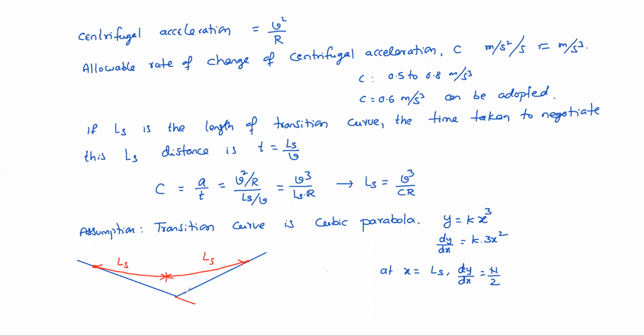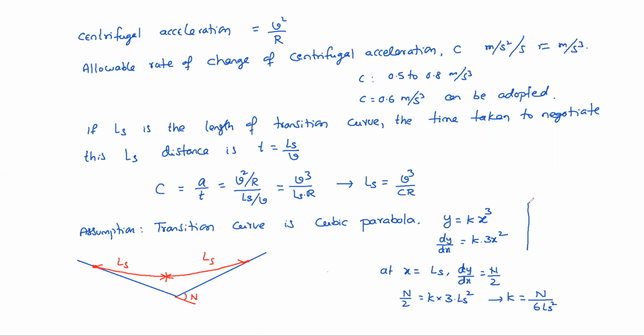Total deviation angle is n, so in 2 ls distance the total deviation angle is n, and in ls distance the deviation angle is n by 2. Based on this we can find the k value. Substituting, dy by dx is n by 2 equal to k into 3 into ls square. So k equal to n by 6 ls square.